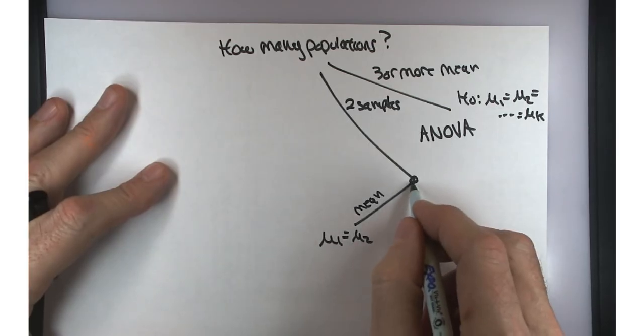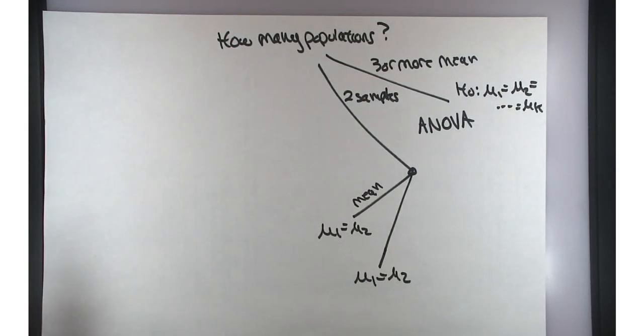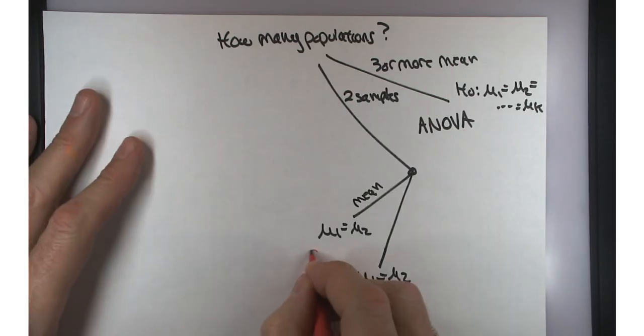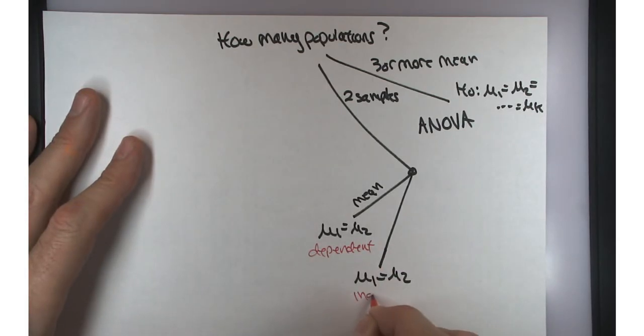But you can test that in a couple different ways. Why am I separating these? What's the difference between those two? Yeah, well done. Dependent and independent.